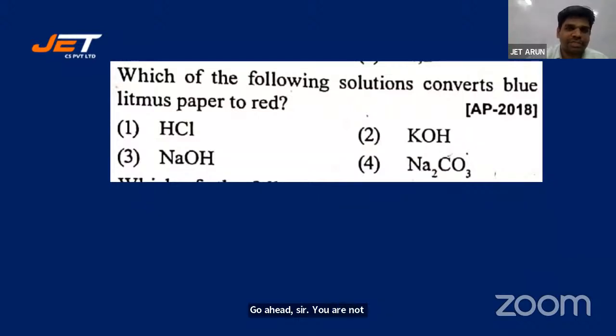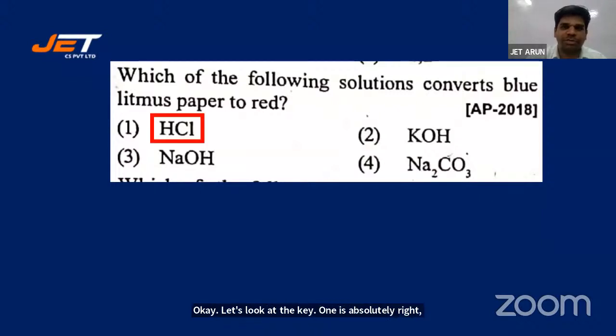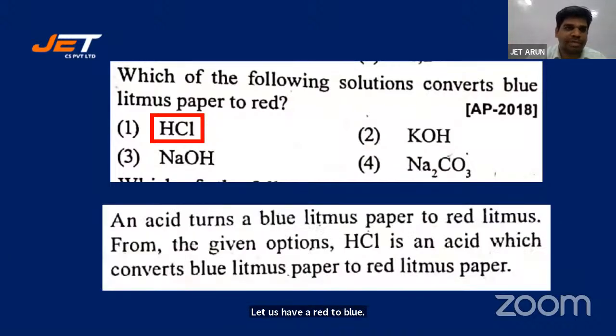Your knowledge on this is excellent. Okay, good, Bhavita. Good. All right. Let's look at the key. 1 is absolutely right, students, because it's an acidic solution which turns litmus paper blue to red, and a basic solution turns litmus paper red to blue. All right. Here is the statement: an acid turns blue litmus paper to red. From the given options, HCl is an acid which converts blue litmus paper to red litmus paper. All right. Let's go for the next one.